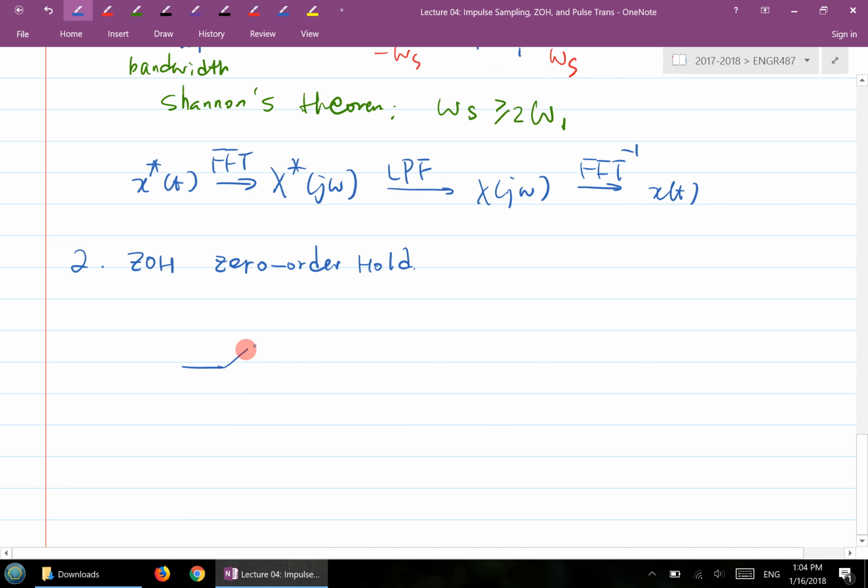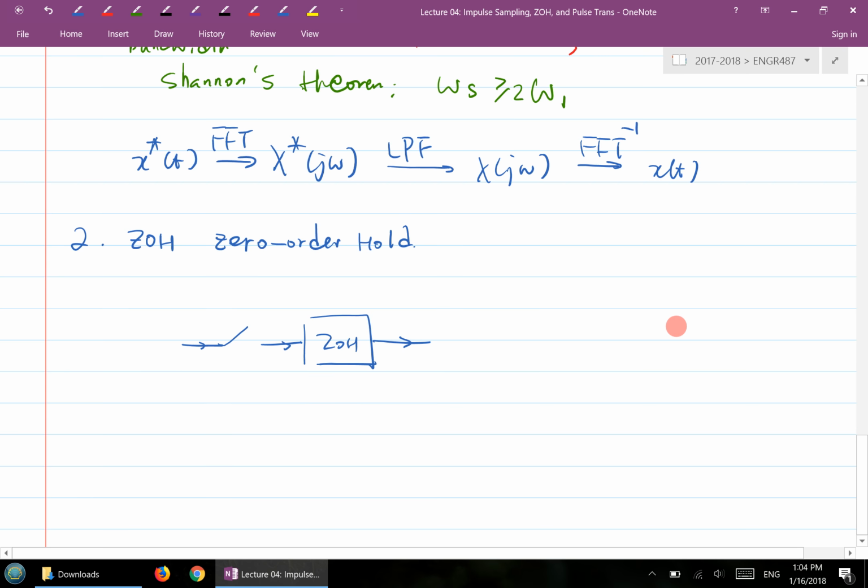In order to apply it back to the real system, you can't directly apply this because it's discrete. So we had to let it go through a certain type of holding mechanism. And zero order hold is the simplest type of holding mechanism to realize the digital to continuous conversion, right?